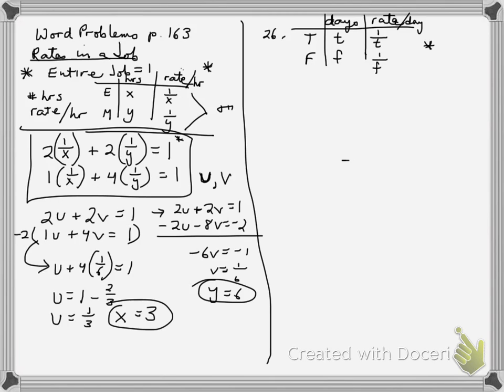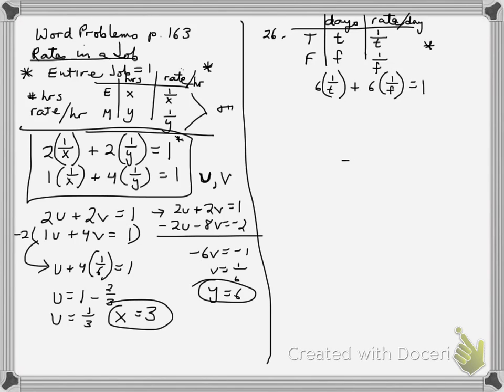It says if they build the set together in 6 days, okay, so Mr. Tanksley is working 6 days and his rate is 1 over T. And Mr. Franklin is working 6 days, and his rate is 1 over F. And altogether they do what? The whole job. Don't forget that, always 1.